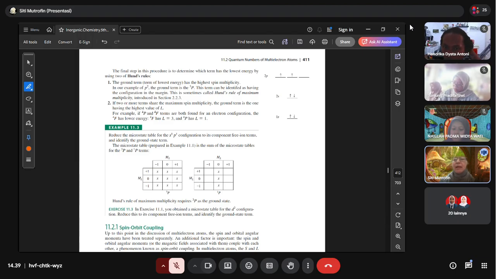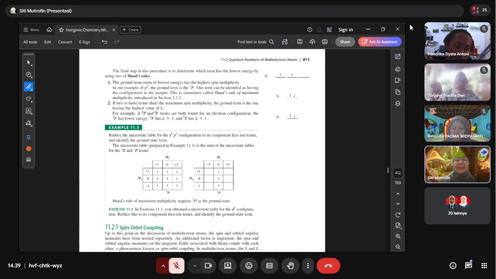If the free ion term symbol has 1, we call it singlet; 2 doublet, 3 triplet, 4 quartet. So among the three energy states, the lowest level is 3P.